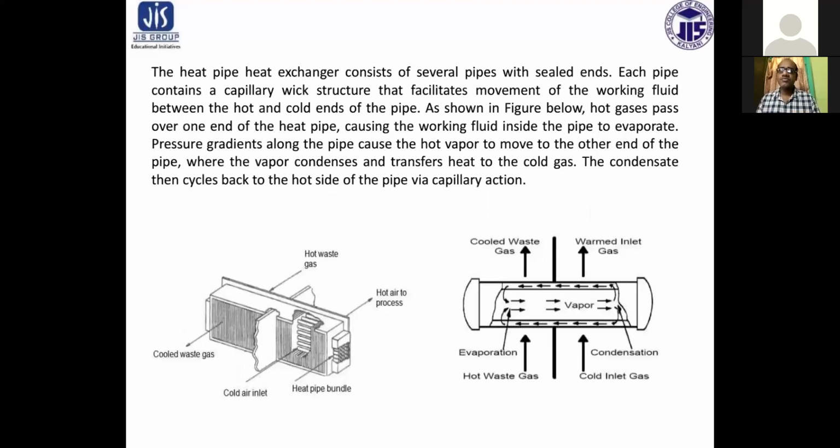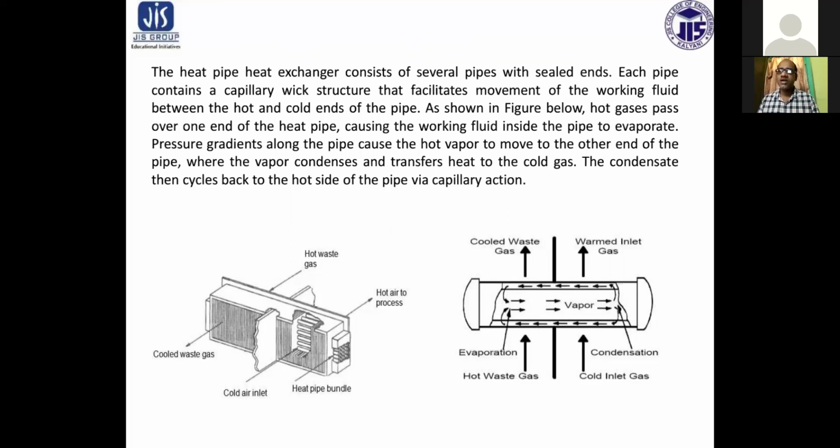Now the heat pipe heat exchanger, as shown in this figure, consists of several pipes with sealed ends. Each pipe contains a capillary wick structure that facilitates movement of working fluid between the hot and cold ends of the pipe.